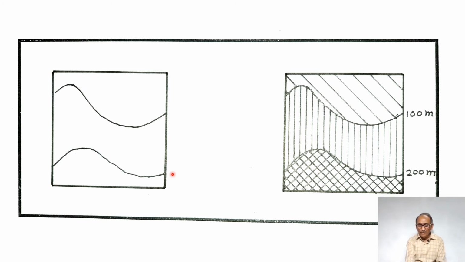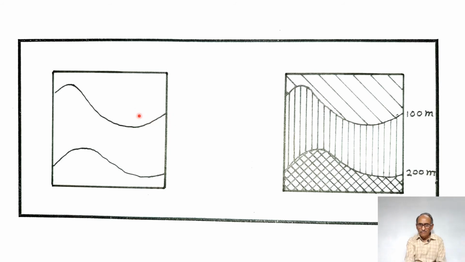Now, as we know, our intention is to show the relief, and that is why, like isopleth and choropleth map, we have used shades. Darker shade is used to represent areas of higher elevation, and lighter shade is used to represent areas of lower elevation. So we have drawn these isolines or rather contours with the help of the contour difference in the respective squares.